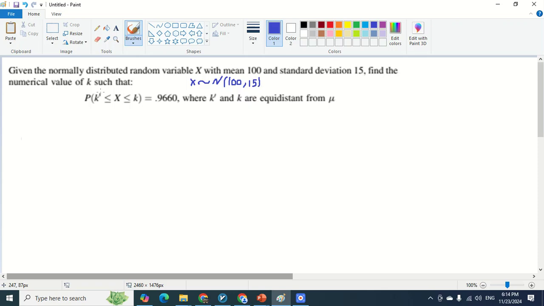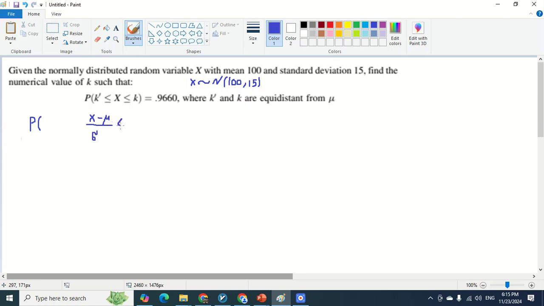As I said before, to calculate the probability of x between two values, you should do the same thing to evaluate the random variable as a standard normal distribution. That means you should subtract mu from it and divide the values by sigma.